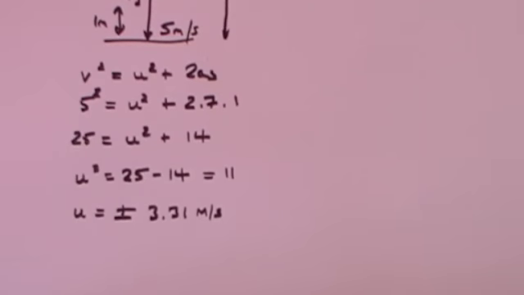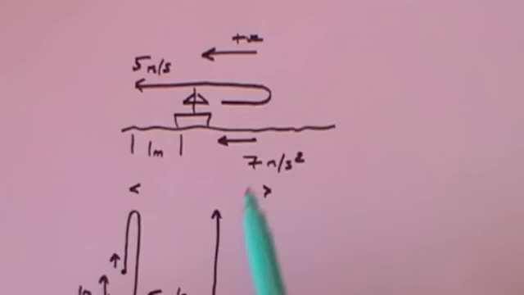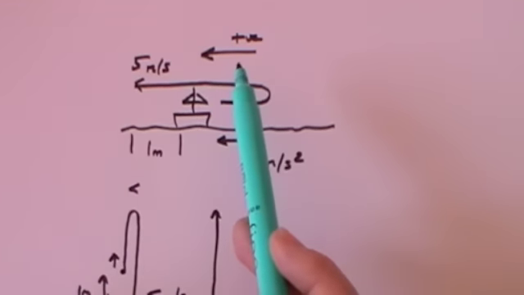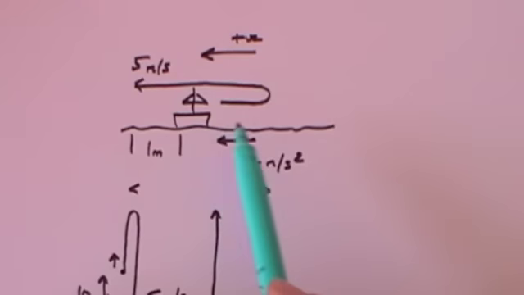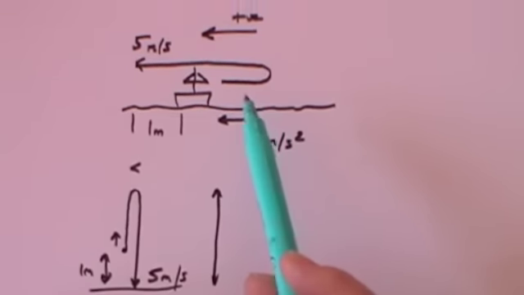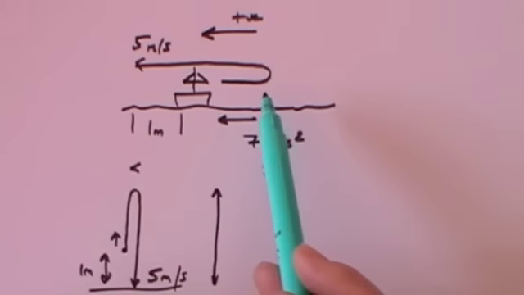What does plus and minus mean? Well, the answer that we obviously want is minus 3.31 metres per second, because that is the initial speed of the boat when it's going upstream, against the positive direction, in the negative direction. But what does the positive value mean? Well, of course, when the boat gets here, it stops, and then it comes back again.